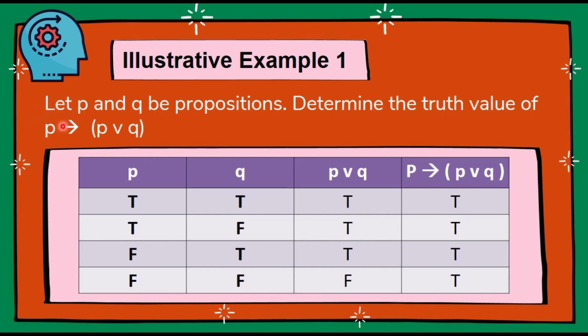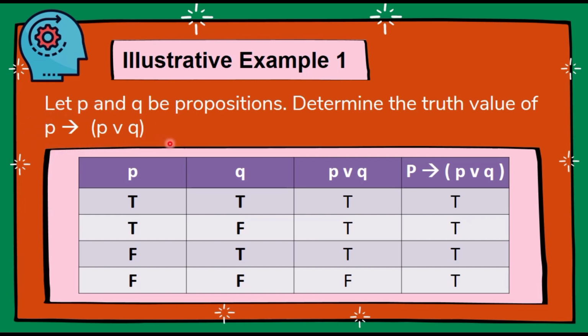So, how will we solve the truth value of this proposition? So, the first step is to determine how many tables do we need to solve in order to find the truth value. So, we need the value of P, the value of Q, the value of P or Q, and the value of P implies P or Q.